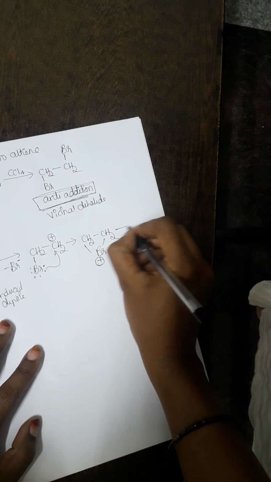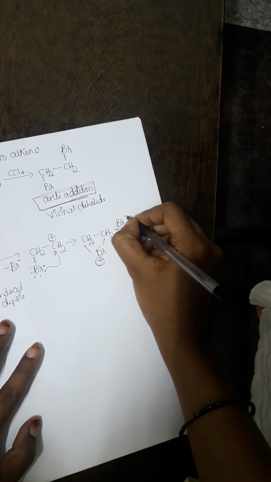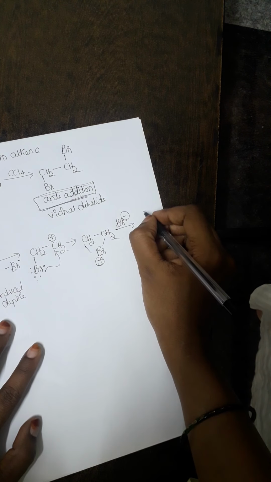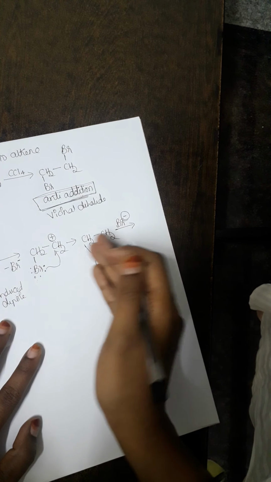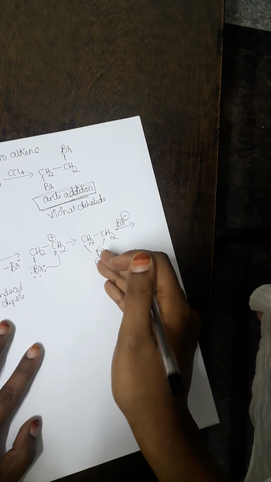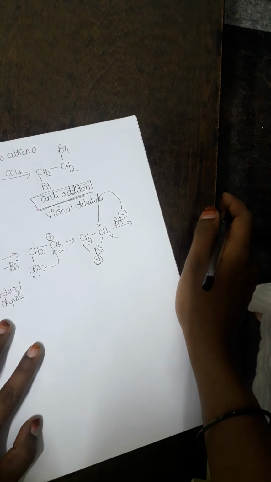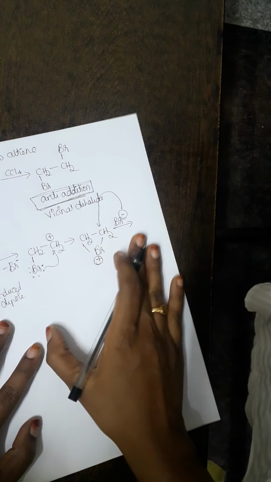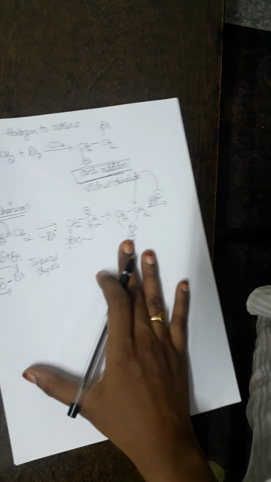So immediately this cyclic halonium ion will be attacked by a bromide ion. This bromide ion cannot attack from this direction because I already have a bromine with a positive charge. Due to steric hindrance, it has to attack from the opposite direction. That itself is called anti-addition, and you will end up with a vicinal dihalide.